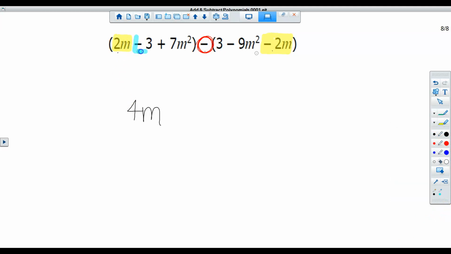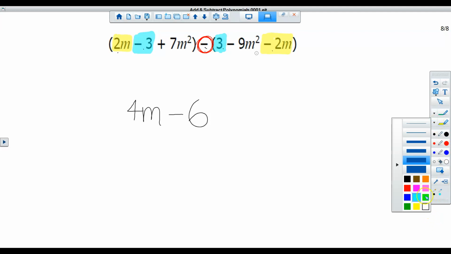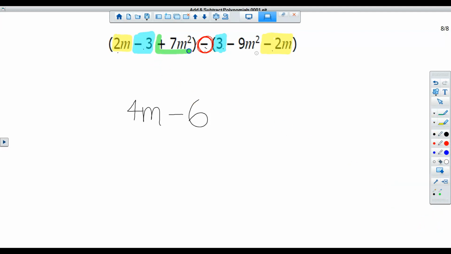All right, next up, negative 3. No variable on him. So over here, positive 3 has no variable. So we're going to combine these two and we're going to subtract. So we're going to do negative 3 minus 3. Negative 3 minus 3 is negative 6. No variable needed because the terms didn't have one. And then we end this up with a positive 7m squared.